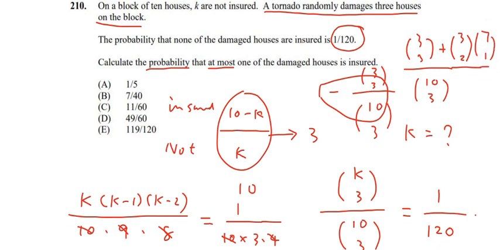So here just be careful. At most 1 insured means 0 insured or 1 insured. Okay, so there's a problem from 201 to 210. So we can stop here. Okay, so thank you.